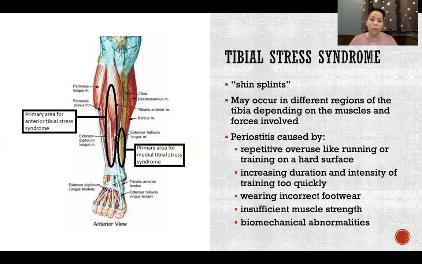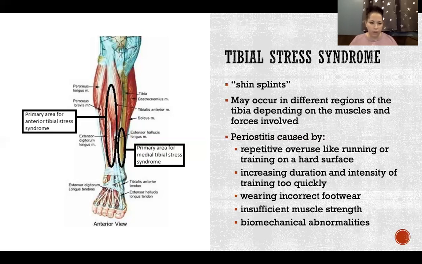And once it's healed completely, you can return to that activity, hopefully having made changes to maybe the surface you're running on or the shoes you're going to wear, or working on changing the biomechanics or movement patterns that might be causing this.